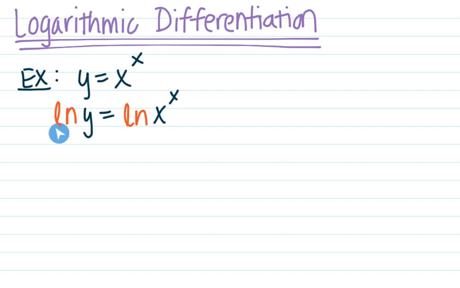Now, you could also do a log here, right? So you could also just do log of y equals log of x to the x. The only reason you don't see a lot of people do this is because, as you've already seen, taking derivatives of logs with bases other than e just has a little bit of extra work.